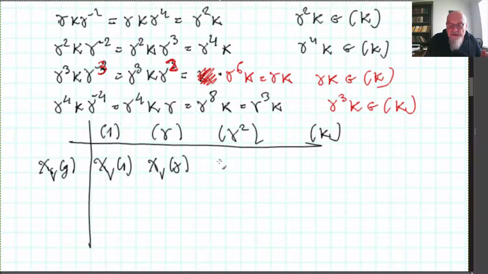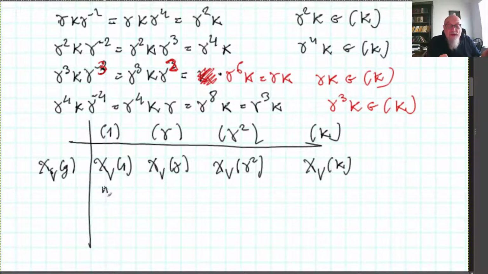So gamma is basically a rotation. You have to understand what the rotation is in our case. So this will be phi, and we have to take here gamma square, and finally we get here that this one is on kappa. So what is this value?